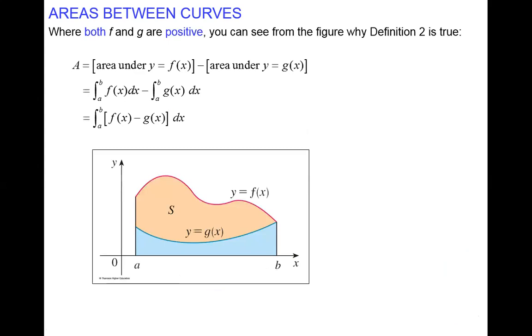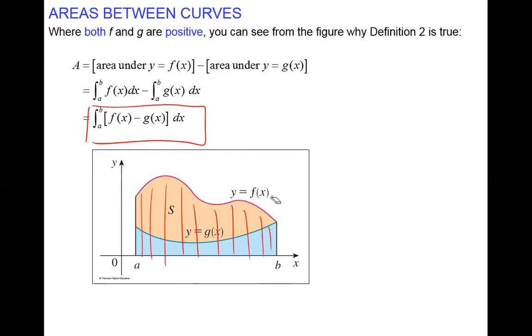Here is another explanation of why this formula works. If we think about an integral of f of x, which is the integral from a to b, that is simply everything below the pink curve and bounded by the x-axis.